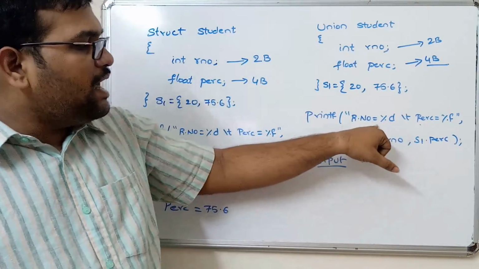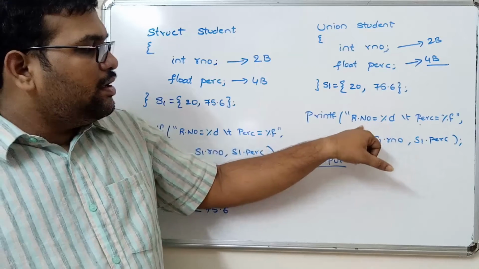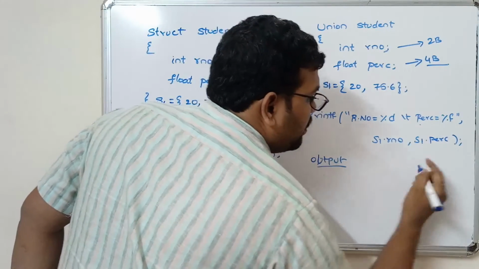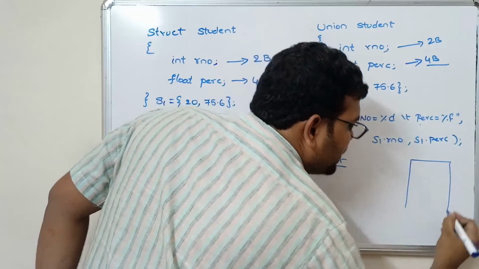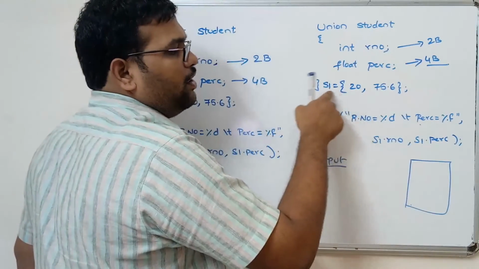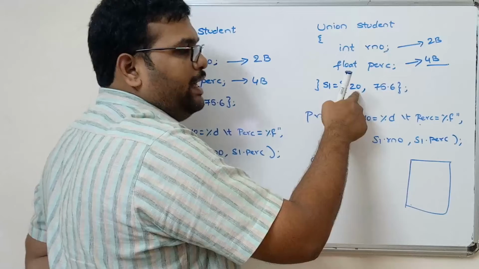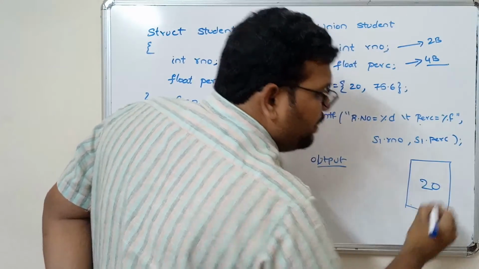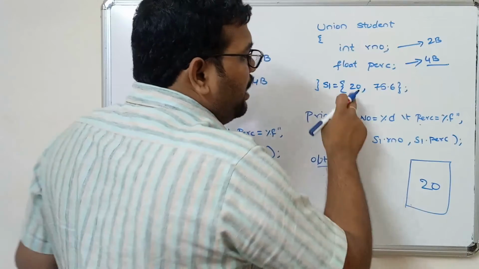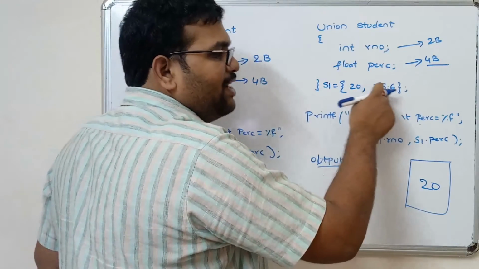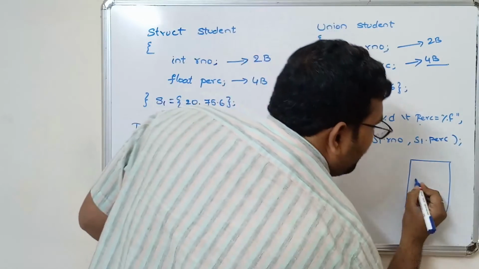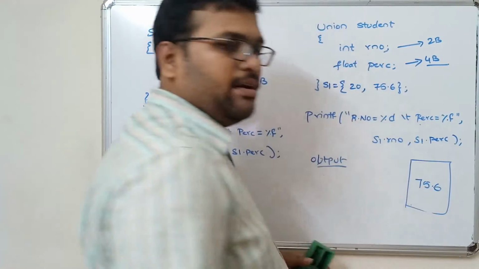So here, first roll number is equal to %d. Wherever the memory is allocated here, first of all S1 is equal to 20. So first roll number is equal to 20. Here 20 will be assigned, and immediately after coming to this 75.6, this 20 will be replaced and 75.6 will be placed here.